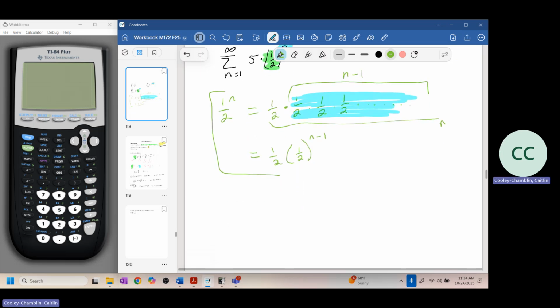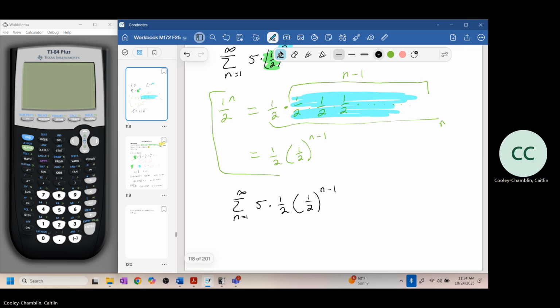So our summation, going back, n equals 1 to infinity, is 5 times 1/2 times 1/2 to the n minus 1, just pulling out a 1/2. And so this is the summation of n equals 1 to infinity of 5 over 2 times 1/2 to the n minus 1.